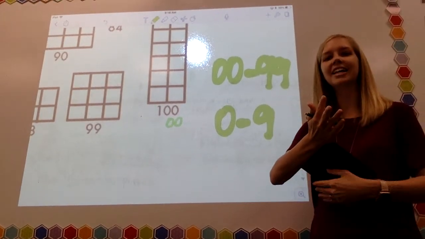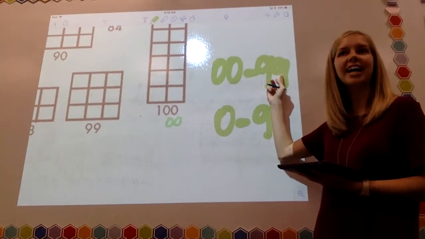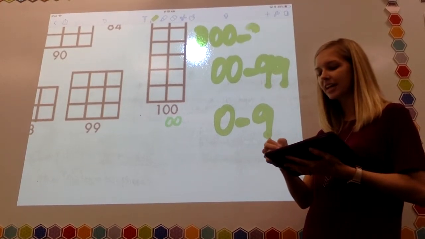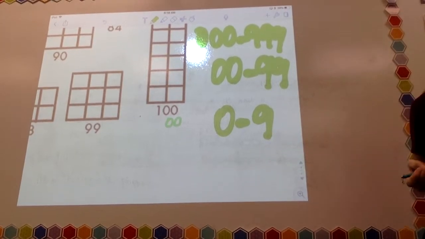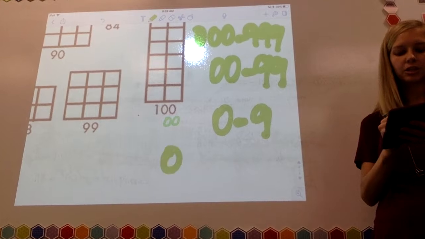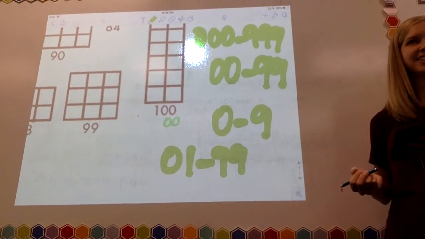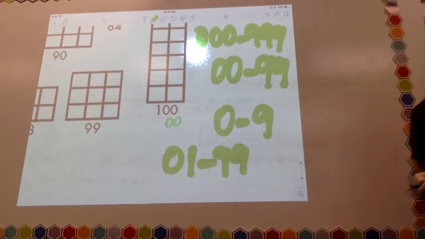But from 0 to 9, there are 10. So how many digits are there from 0, 0 to 99? 100. How many from 0, 0, 0 to 999? 1,000. There you go. Okay, how many digits are there from 0, 1 to 99? 99. Very good.